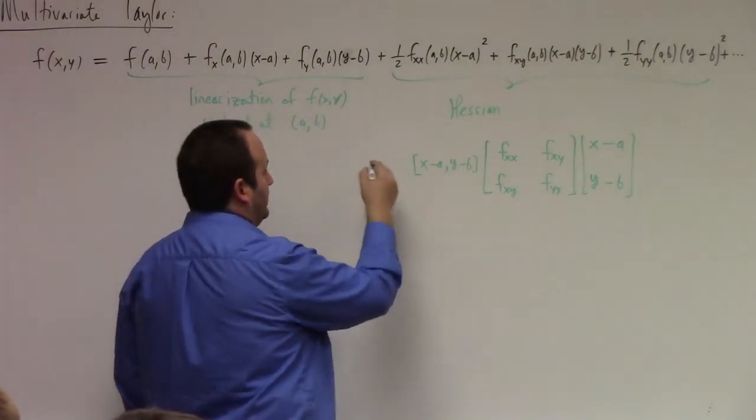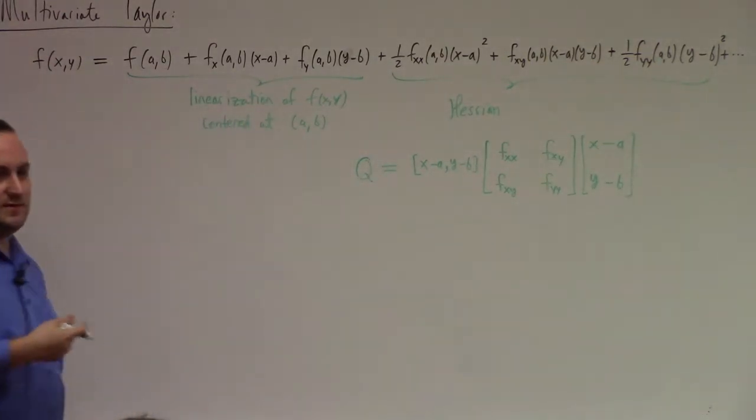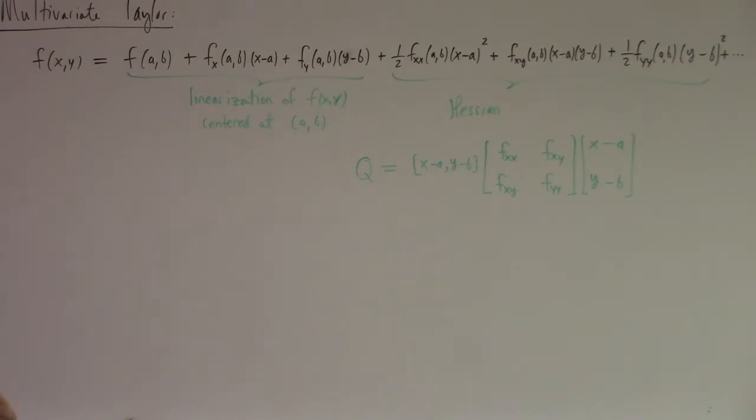And so I usually just refer to this whole piece as Q for quadratic. It's the quadratic piece of the multivariate power expansion.